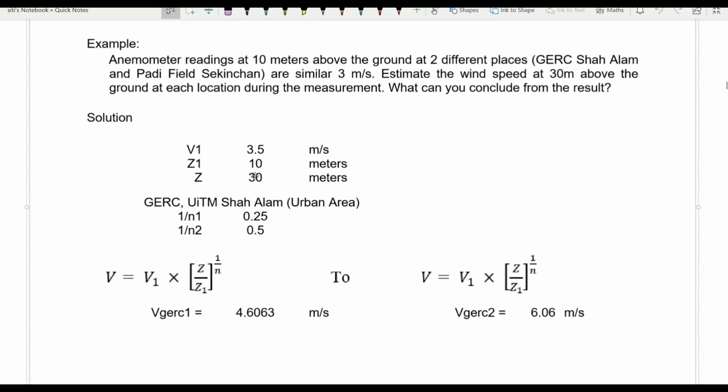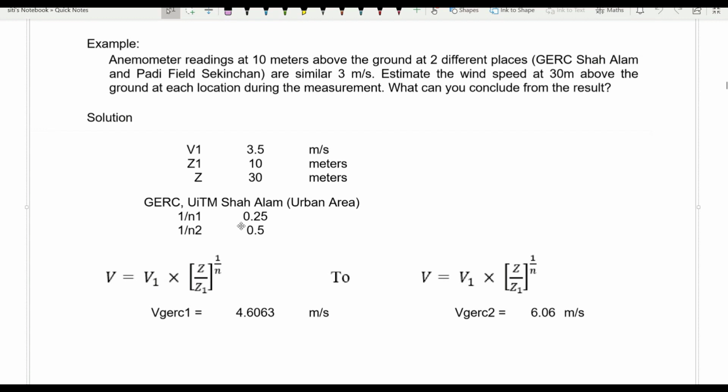Using the equation, V equals V1 multiplied with Z over Z1 to the power of 1 over N, the wind speed at GRC is 4.6 meters per second. Then, V equals V1 multiplied with Z over Z1 to the power of 1 over N, for the roughness of 0.5, you get 6.06 meters per second.